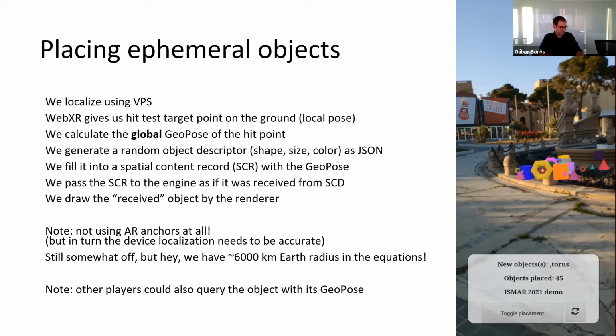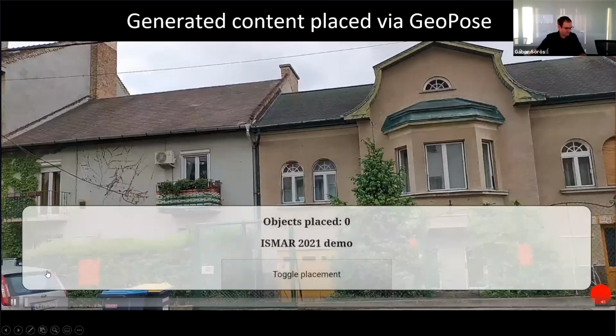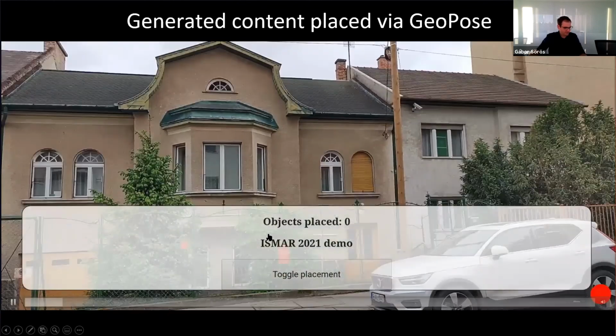And, you will see that even though this is not using anchors at all, because we have this GeoPose, we can place the object to the right position, and it can actually stay there, and it can even be shared with another user, and it still shows up at the same place. This is an example video where I first localized in my street.